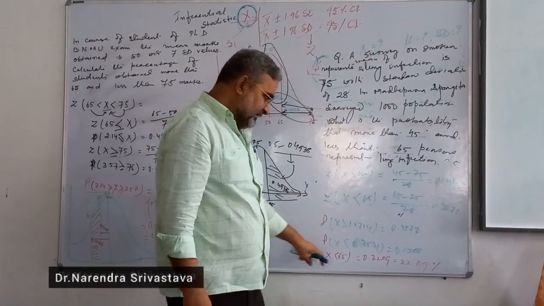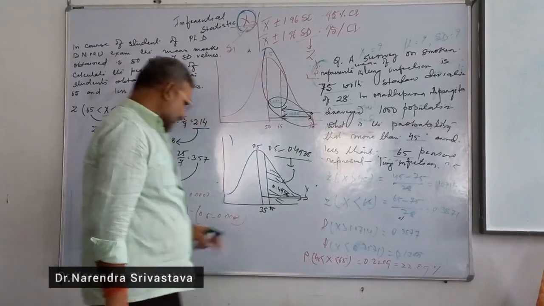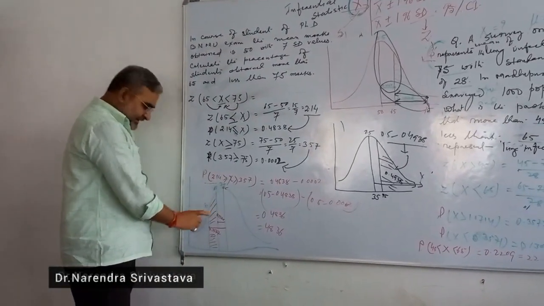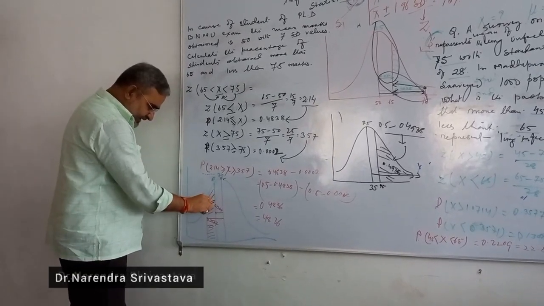Thereafter, the distribution percentage is 22.09%. And here it is represented in graphical form. This area, we demand this one area.